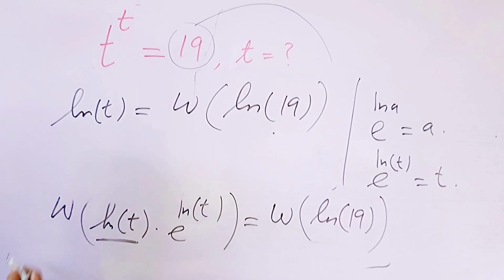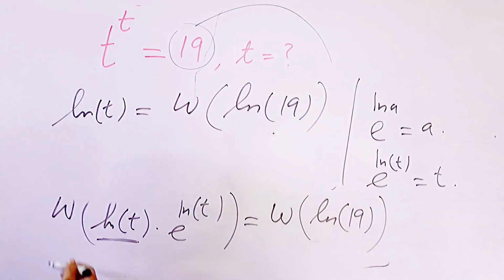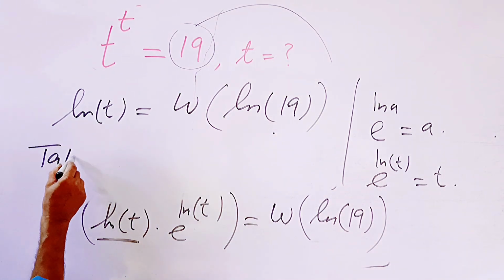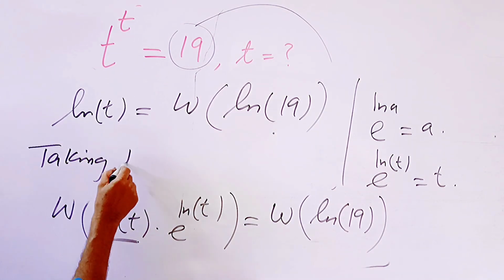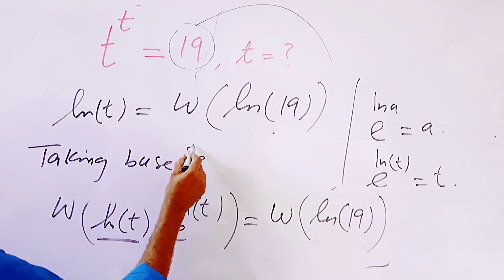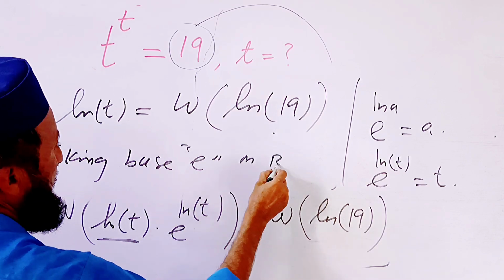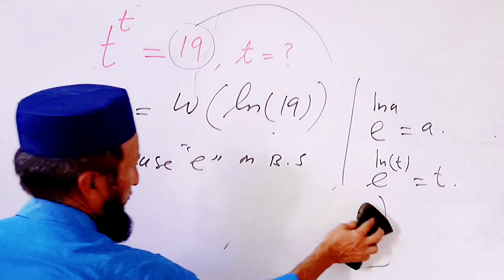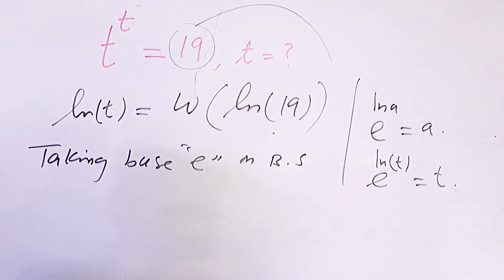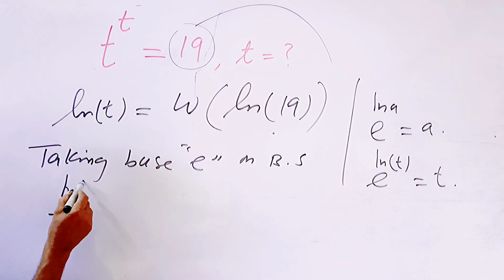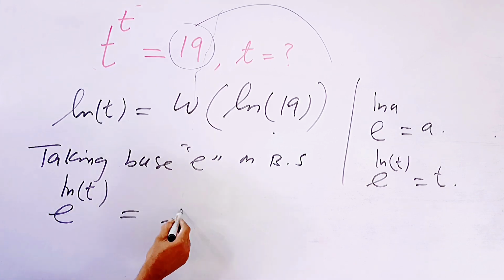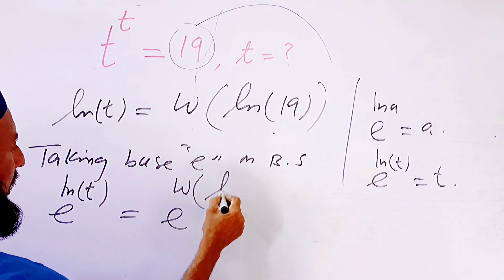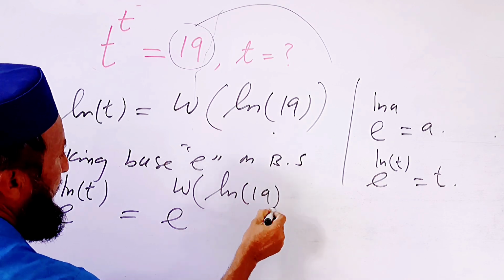Now we apply base e on both sides, so e to the power log of t is equal to e to the power W of log of 19.